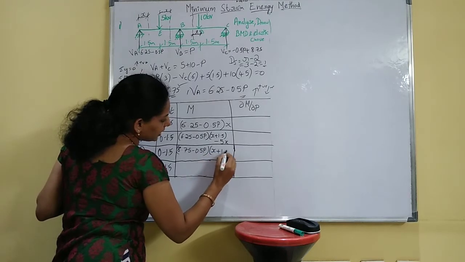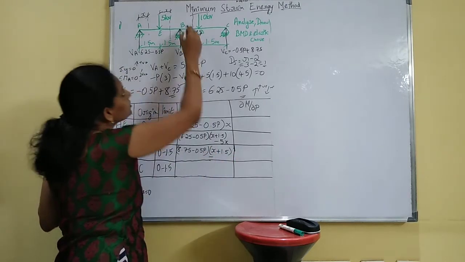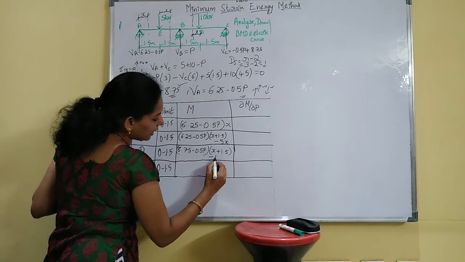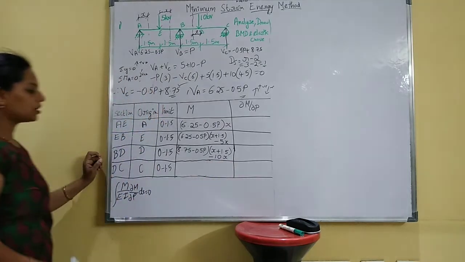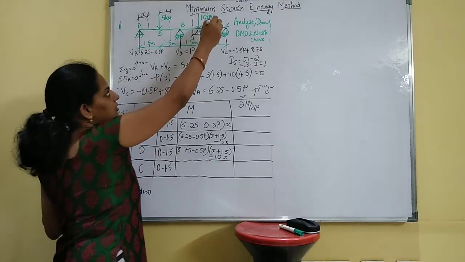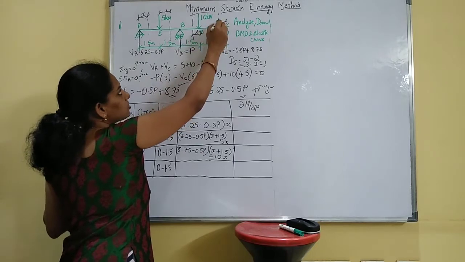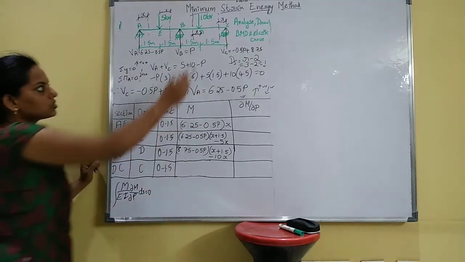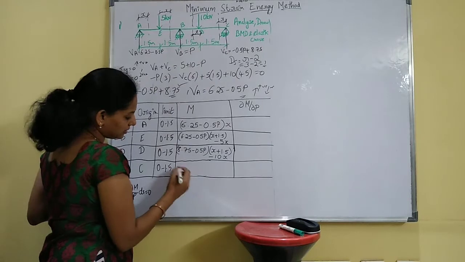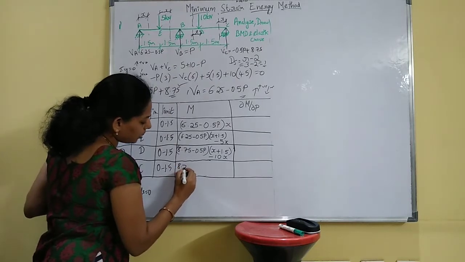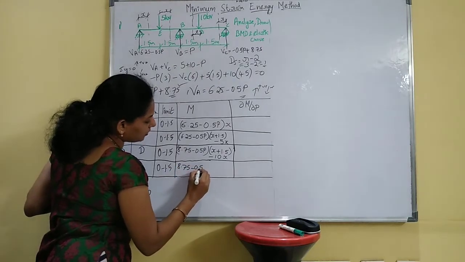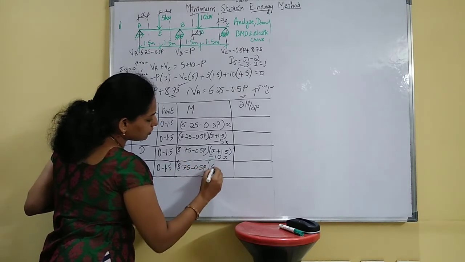So it will be X plus 1.5, minus 10 into X. Next, last member, that is DC. Consider C as origin, so draw the section nearer to C. So that is VC into X. VC is 8.75 minus 0.5 times P into X.